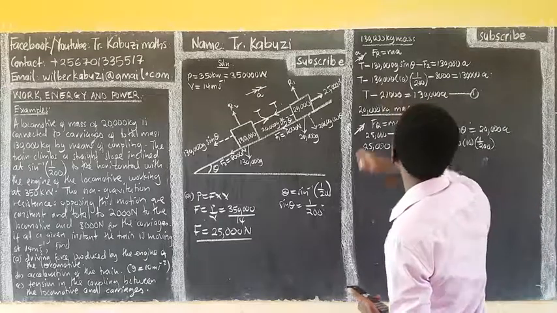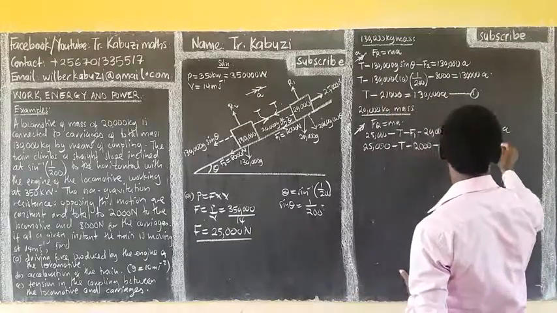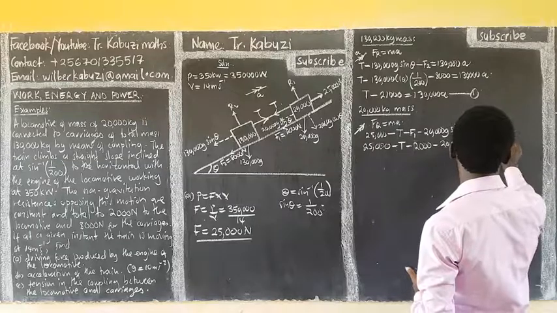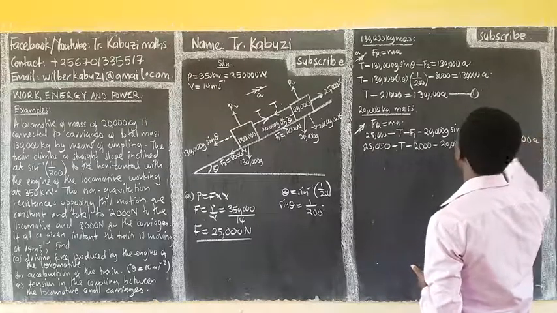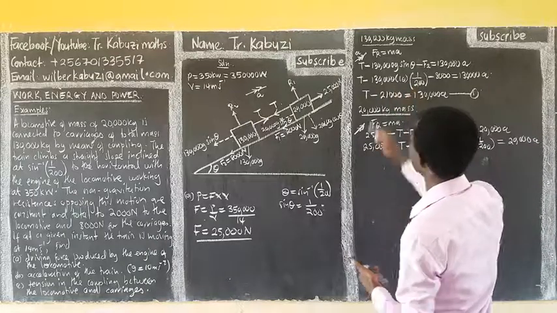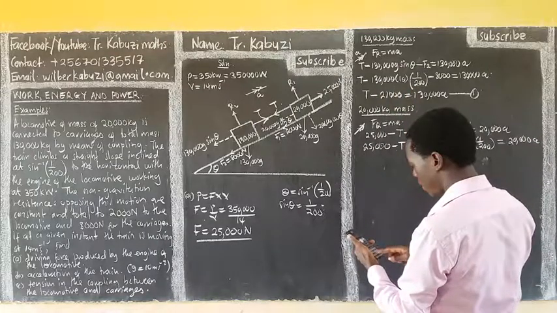I forgot to divide this to here, sorry, and this equals 20,000 a. So remember, we have to divide this to here. That's the mistake we made there.